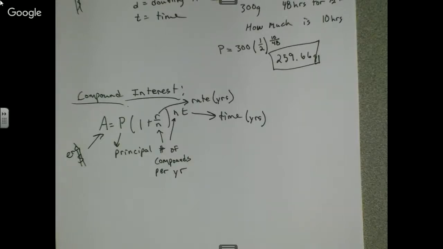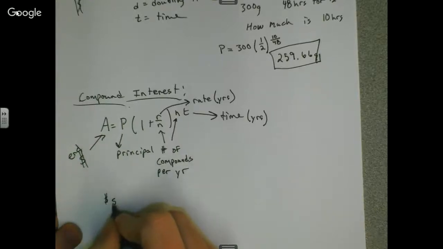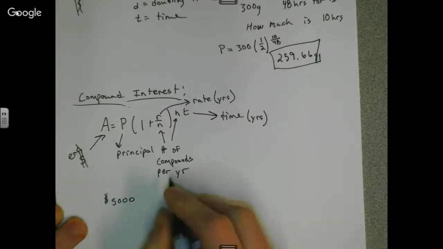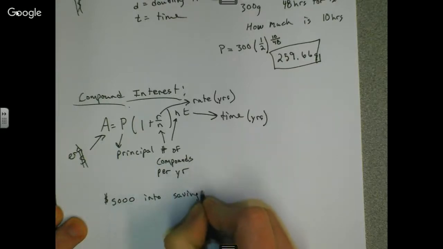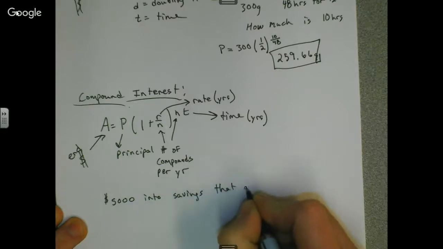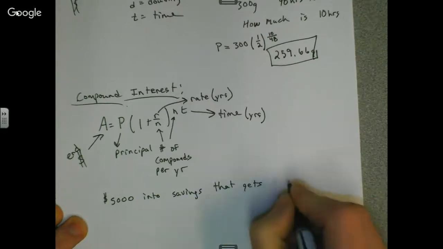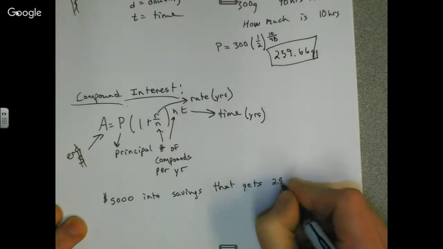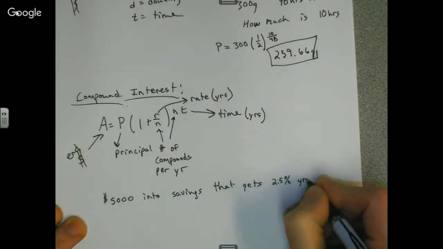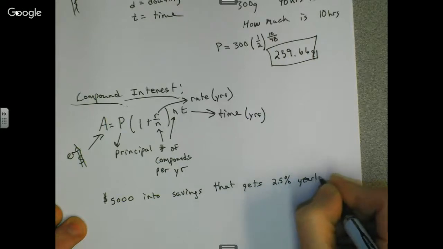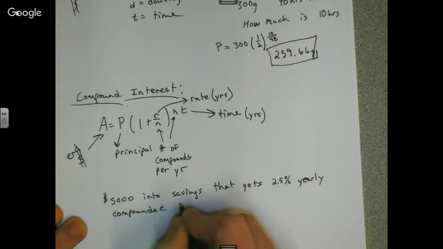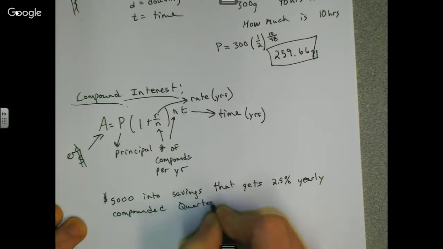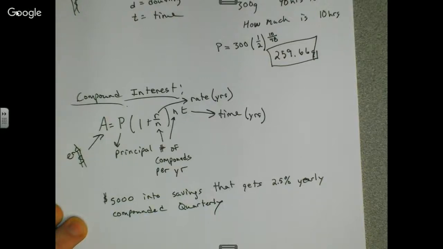So real quick, let's just say I invest $5,000 into a savings account that gets 2.5% yearly, compounded quarterly, which is what happens most of the time.